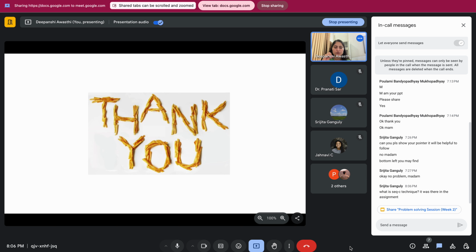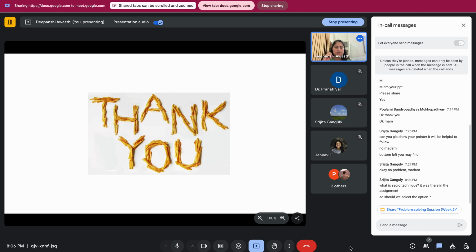It's quite confusing. They should have mentioned it. I can only say that there is no such technique which is sexy. I think they should have clarified it.